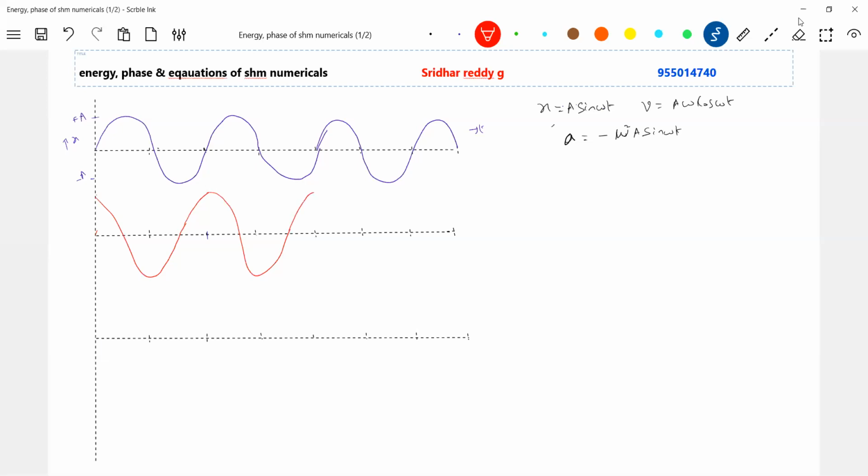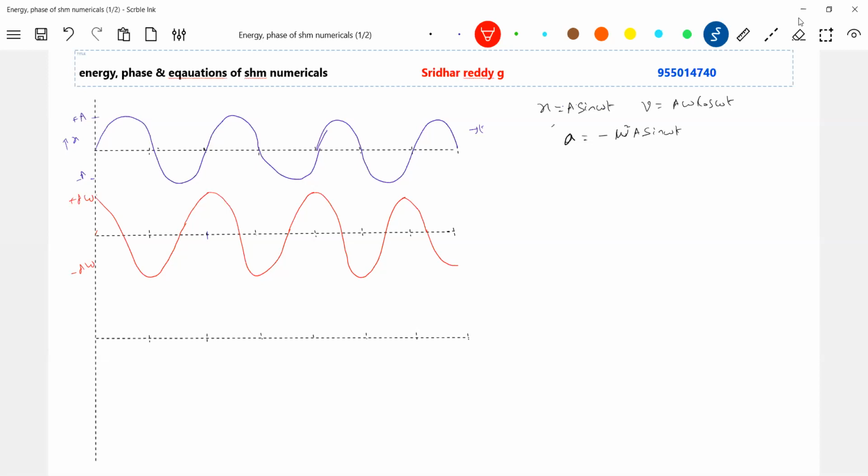It's a cosine function, nothing big. It's just a cosine function. This will be plus a omega, minus a omega. The acceleration should be negative.